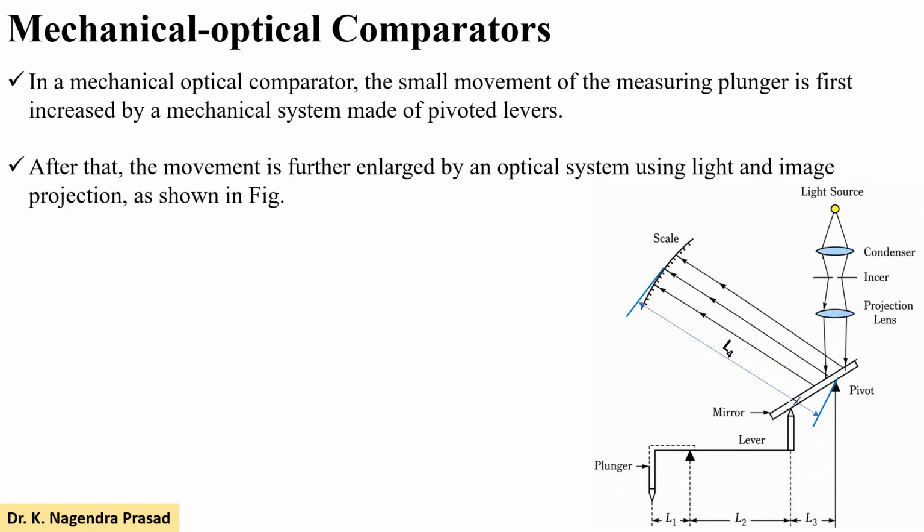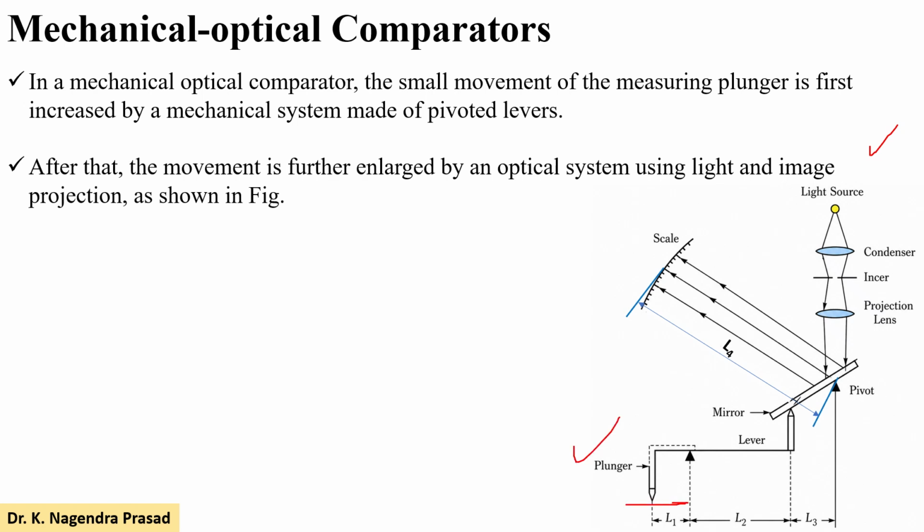Next we will discuss the mechanical optical comparators. This is the schematic representation of the basic principle of mechanical optical comparators. In the schematic you have to observe. First, a mechanical system is made of a pivoted lever. First is the plunger.